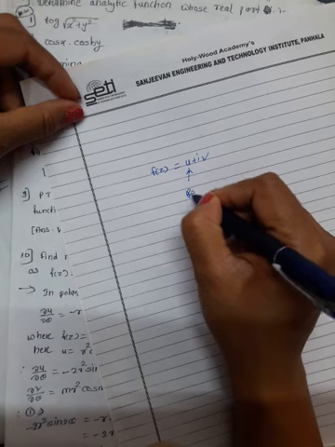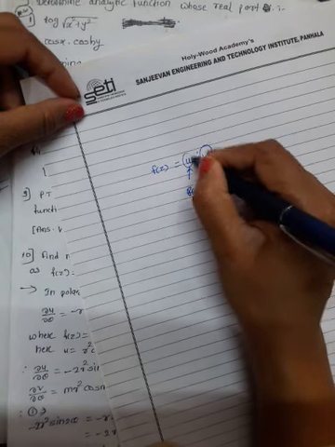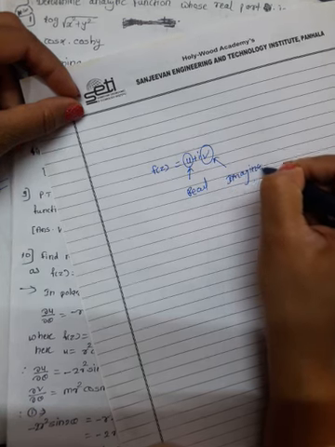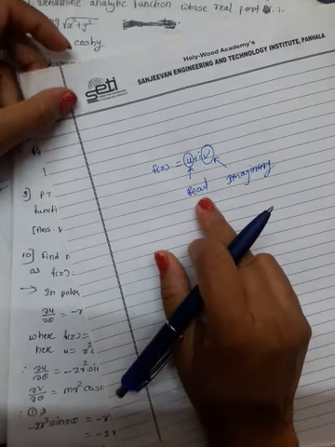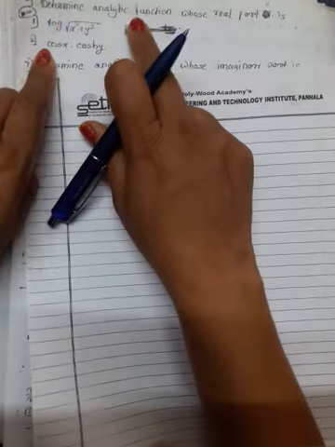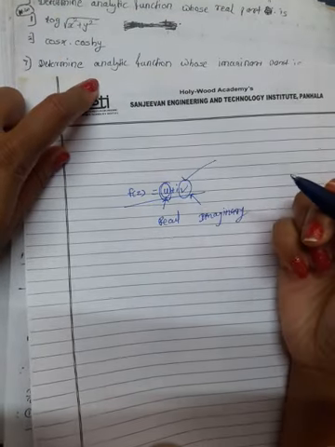This is the real part and this is the imaginary part. v is the imaginary part, u is the real part. Here the real part is given, which means u is given, and we have to find the analytic function f(z). U is given, that means we have to find v.